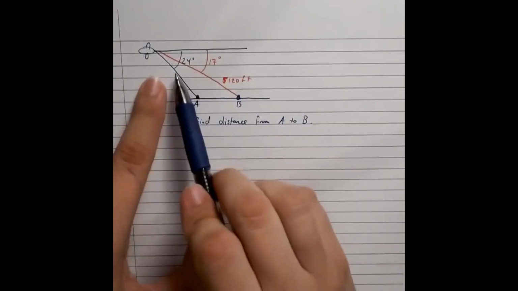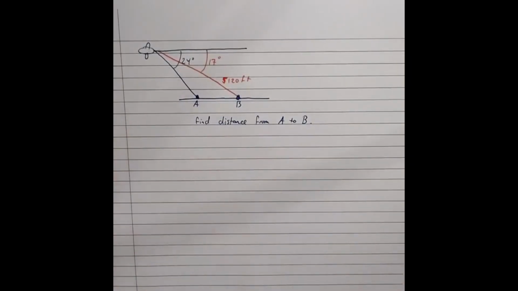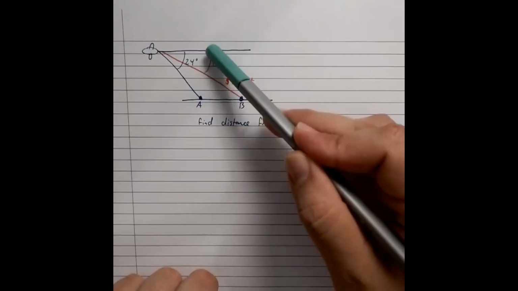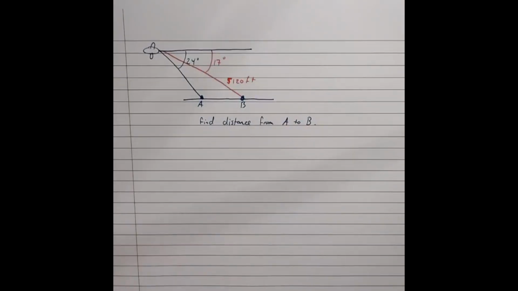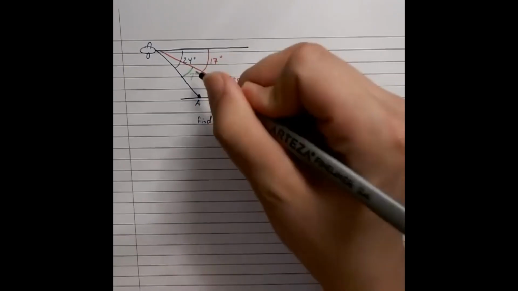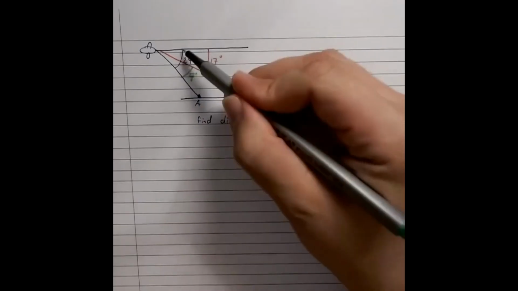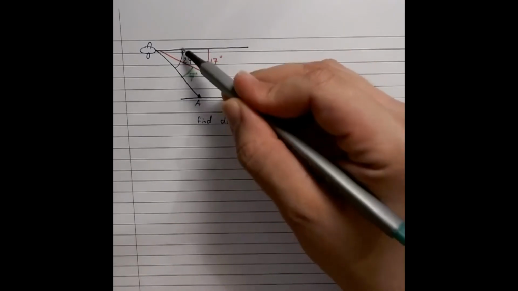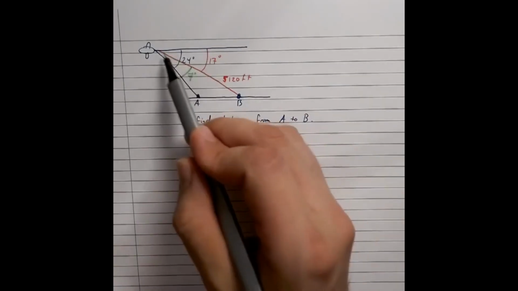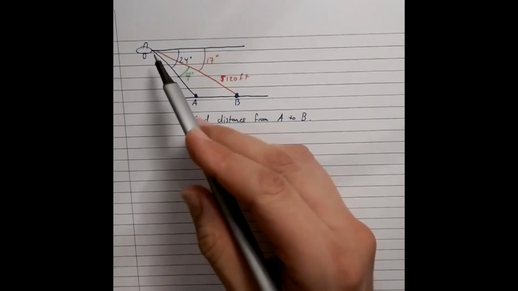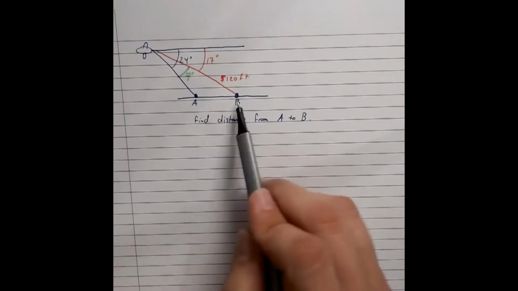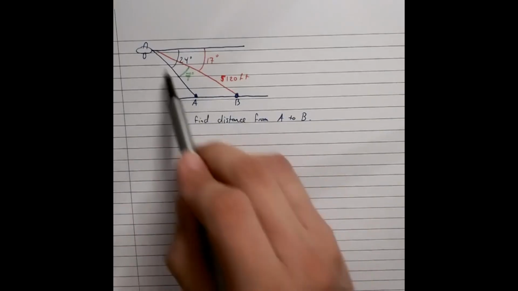Now, I have an angle, because notice, if this whole angle is 24 degrees and this angle right here is 17 degrees, well, then the difference of those, that 7 degrees difference, must be the angle between here and here. 17 plus another 7 would be the full 24. Okay, so I know this angle, and I know this side length. So if I just knew this side length, I could use the law of cosines. All right? If I knew this side length, I'd be done with my problem. All right, well, let's see if we can figure out this side length.